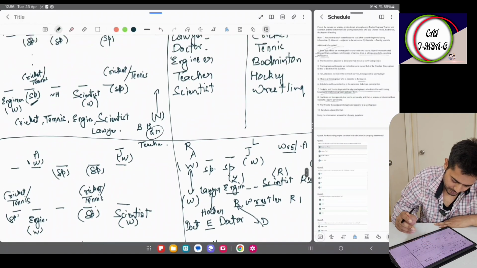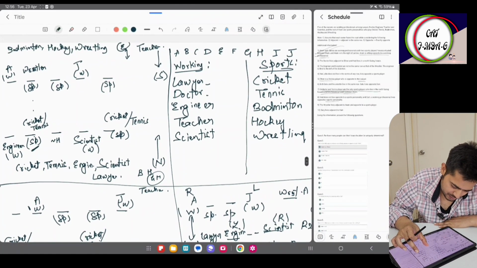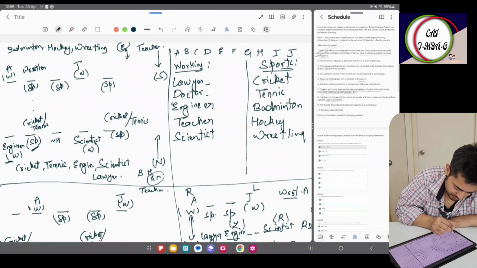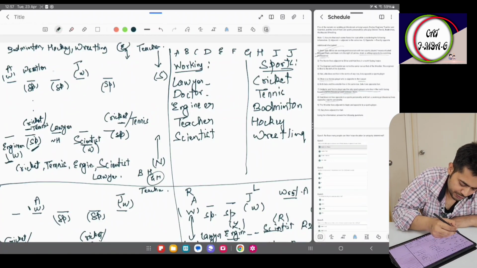Okay, and Ethan is a hockey player. So who else is left? Okay, and opposite to Ethan, lawyer is there. Okay, so engineer is here, cricket or tennis is here, cricket or tennis is here, scientist is here. So obviously lawyer has to be here. Okay, opposite to lawyer has to be E, and it has to be hockey.